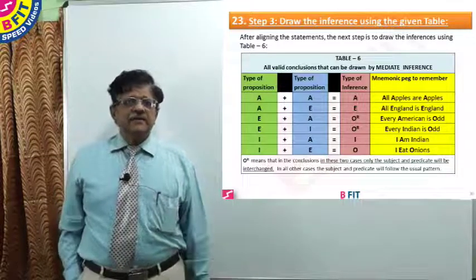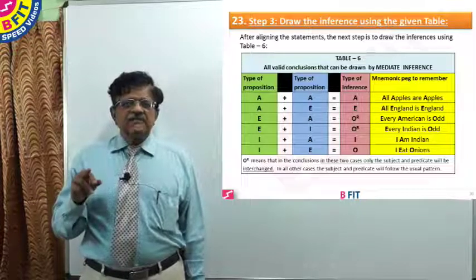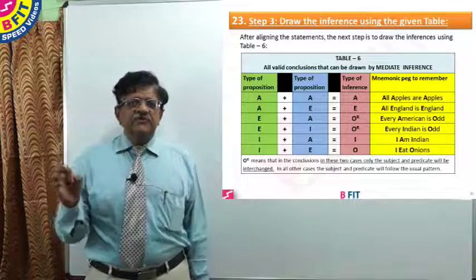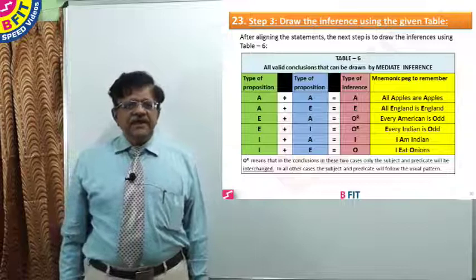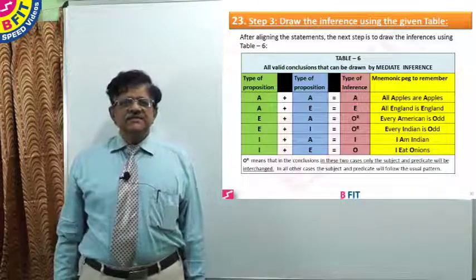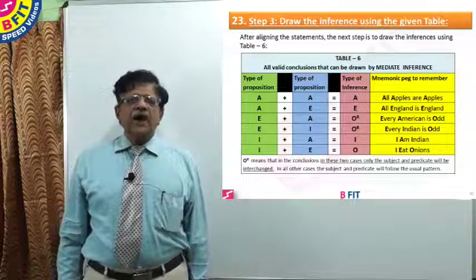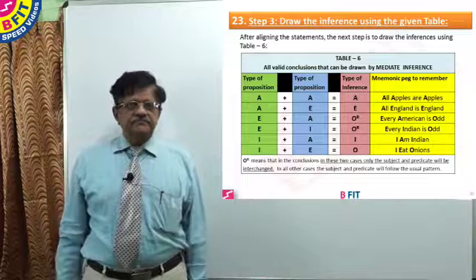A plus A. If there are two logical statements, the first statement is A and the second statement is A, then the valid inference you can draw is A. A plus A is equal to A, A plus E is equal to E, E plus A is equal to OR. OR means O reverse. We will see what it is.